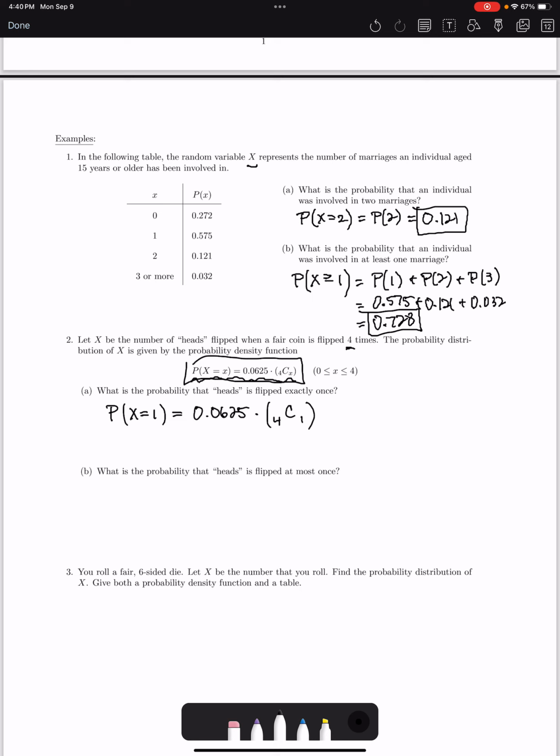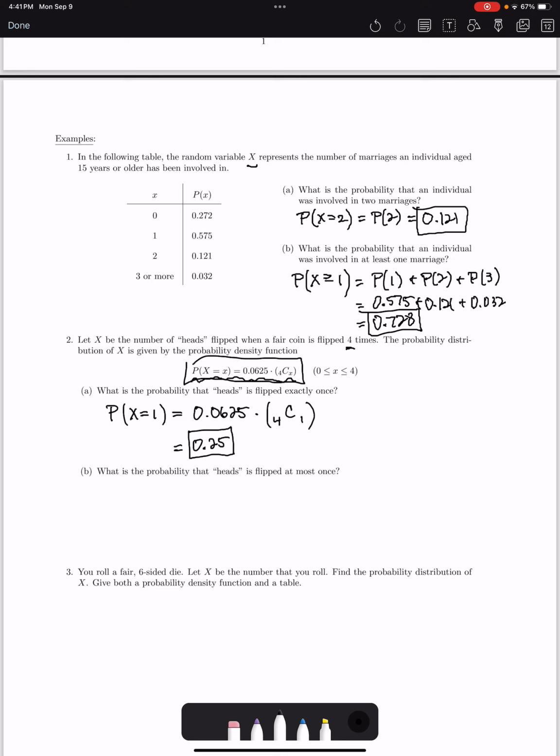So use a calculator that has combinations on it. I've used the Desmos calculator to show you how to do this before. And if you punch this into the Desmos calculator, you get 0.25. So there's a 25% chance that heads is going to be flipped exactly once.